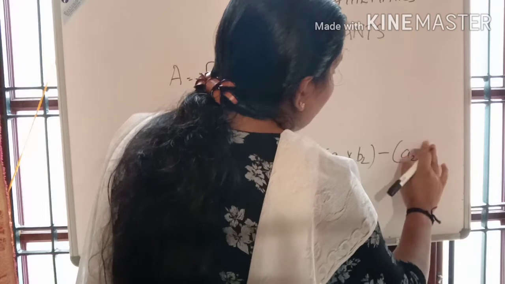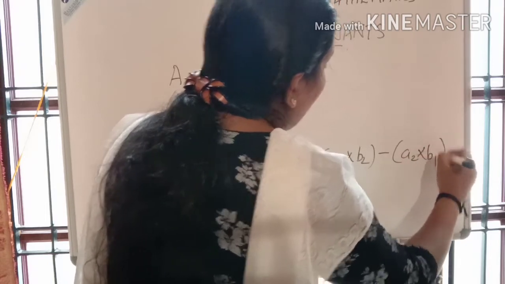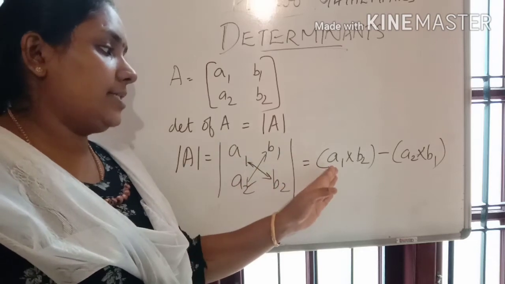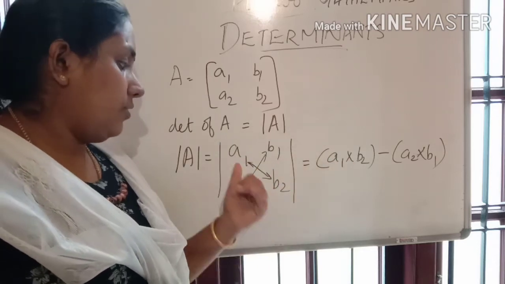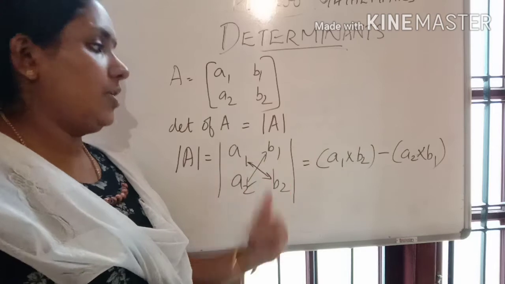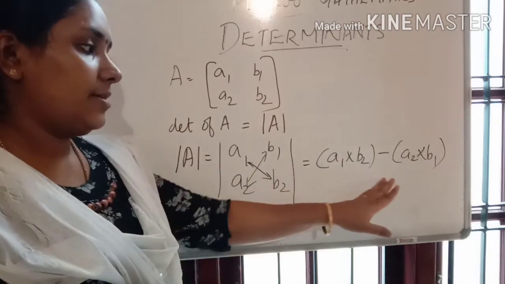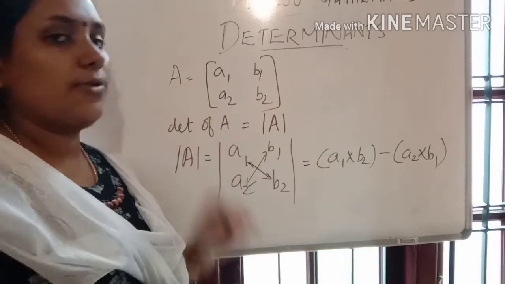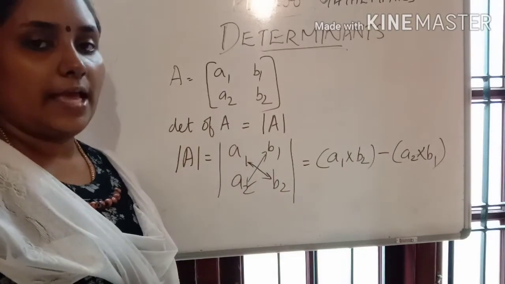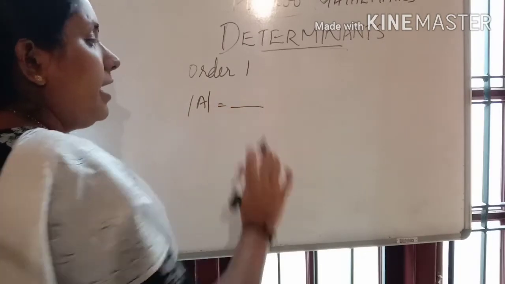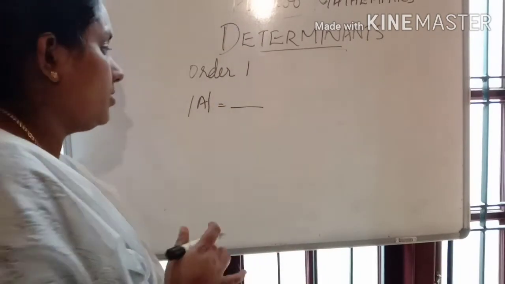Okay, clear? From this, we can find the unique solution for the matrix A. That is the solution.